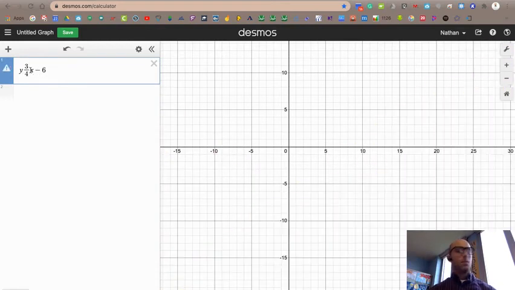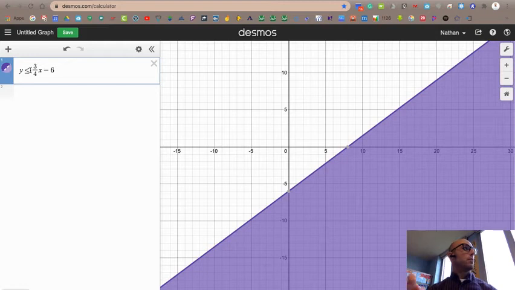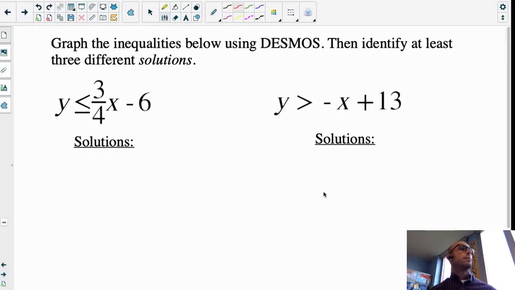Less than or equal. There we go. So you'll see the line is still here, but all of this is our solution region for this because any of those points would work in this inequality, okay? So some solutions, right? I need to find those, let's see, all these over here. So like 20, -5, 10, 0, and 0, -10, right?